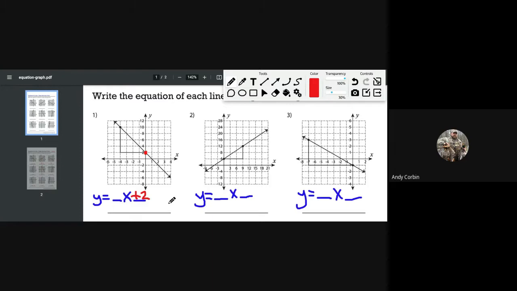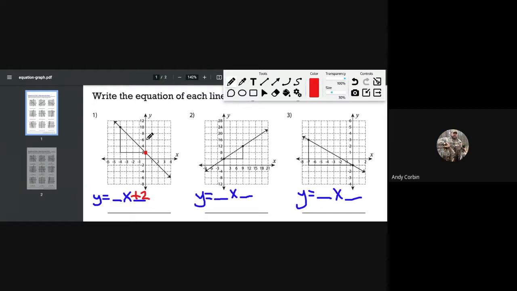That's my y-intercept. Now how do I get to my slope? Because that's what goes here in front of the x. How do I find that? Don't you count up from 2? That's all you do.